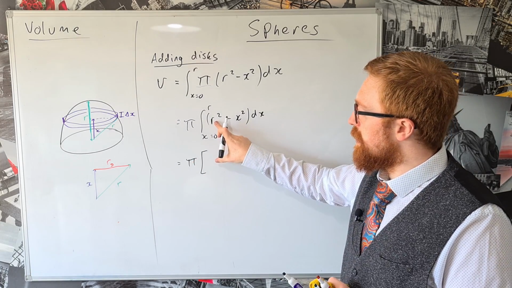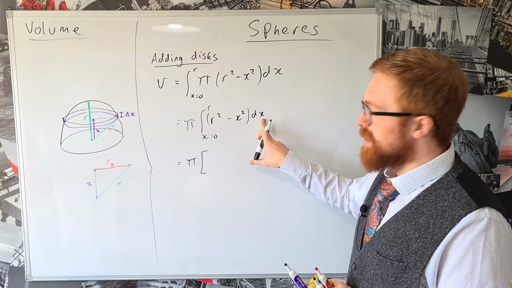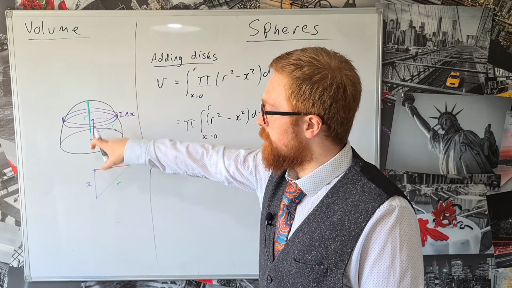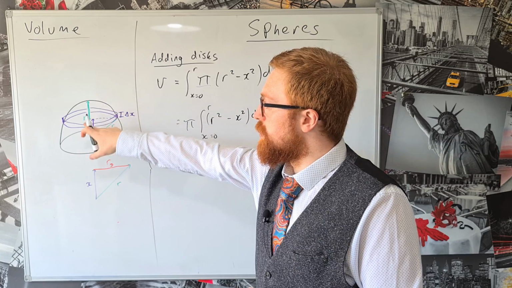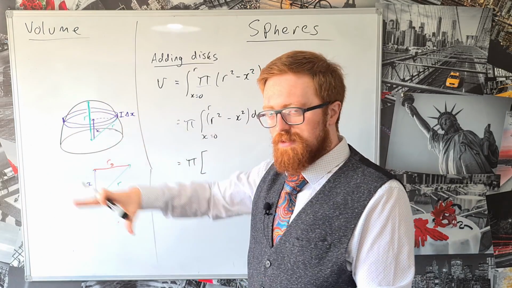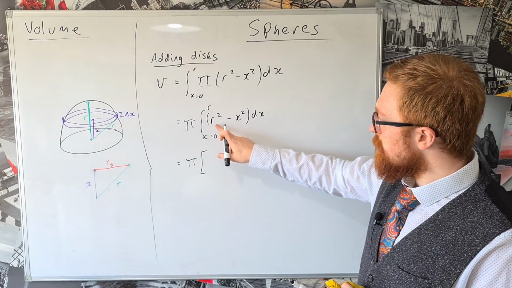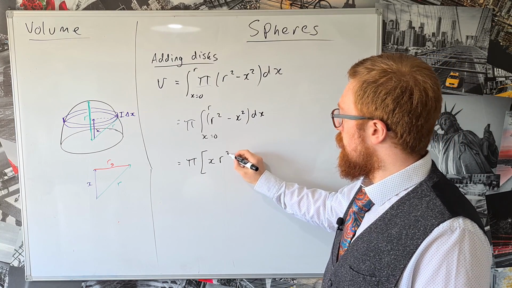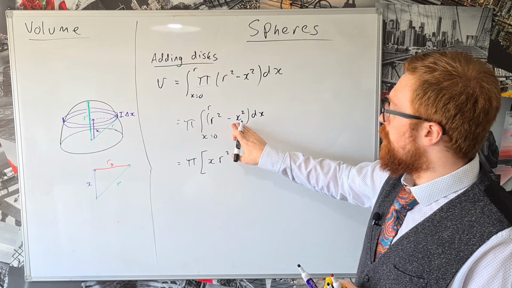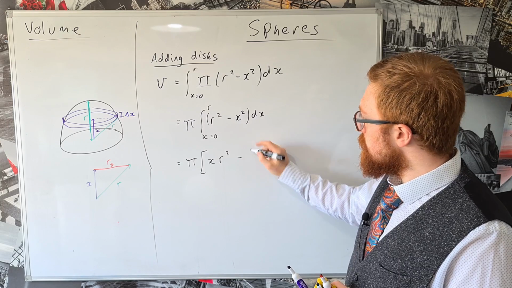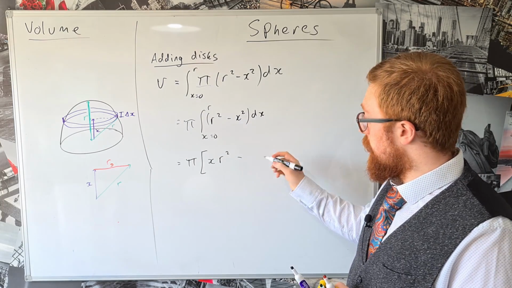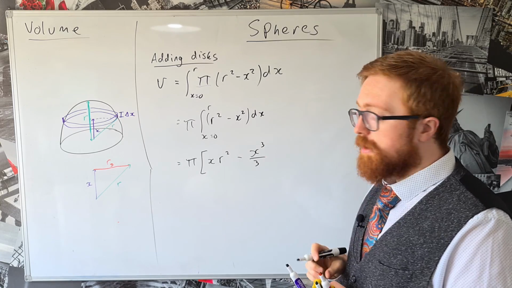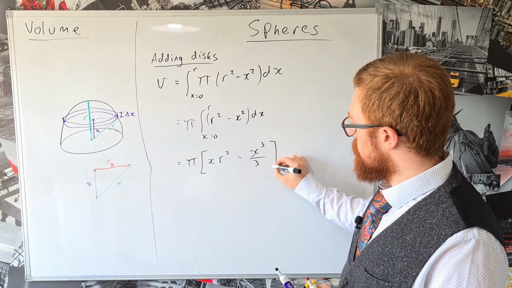So the integral of r squared with respect to x. Well, r doesn't depend on x. x varies from 0 to r, but r doesn't change once we've set our sphere in place. So that's not a function of x, so this is going to give me x r squared. And then when I integrate this, the integral of x squared, we add 1 to the power, x cubed, and then divide by the new power, 3.